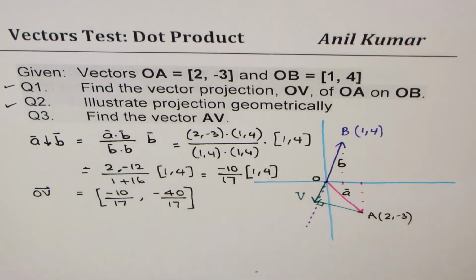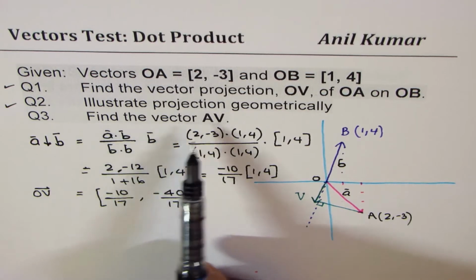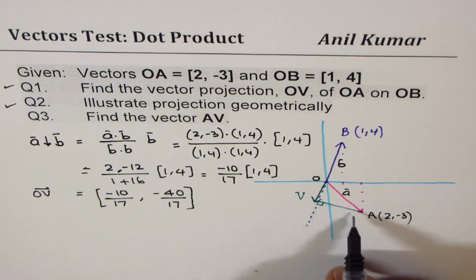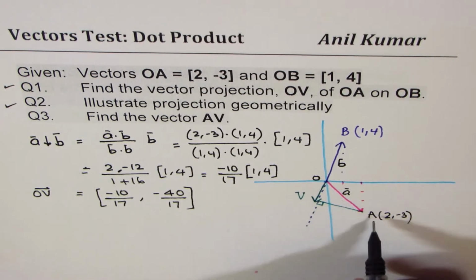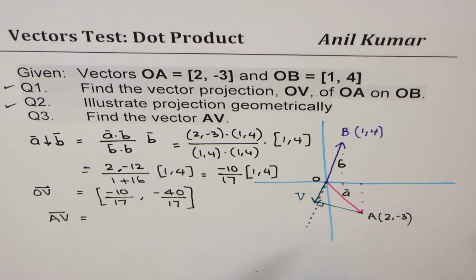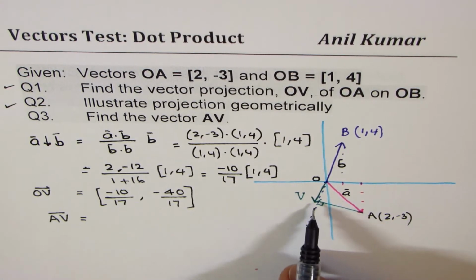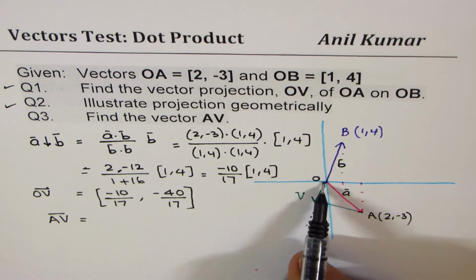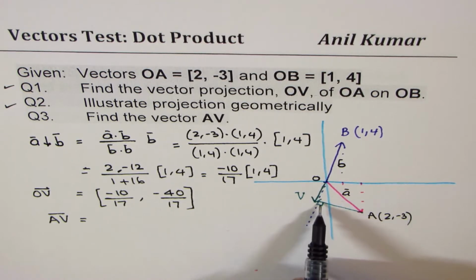Now question number 3 is find vector AV. So now we have to find the vector AV. Now this is very important. How do you find AV? Now A to V means that it is OV minus OA, correct? That is AV, right?